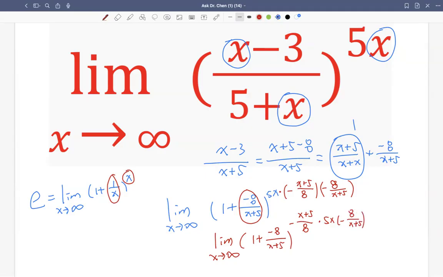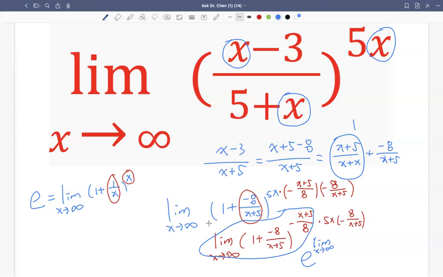But this part, the limit of this part, fits the definition of the Euler number. So we can write this part as an Euler number. But then we still have the x variable appearing here. Remember, the limit we can carry on to the exponent. So that just becomes a limit now, an Euler number to the power of the limit of this expression.